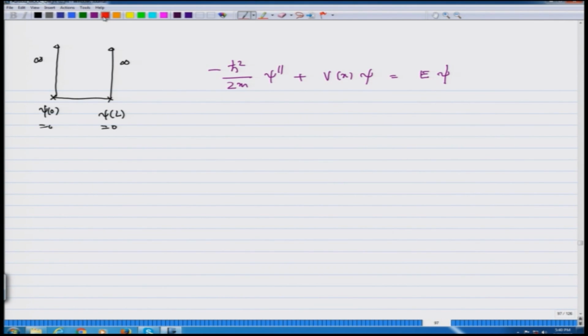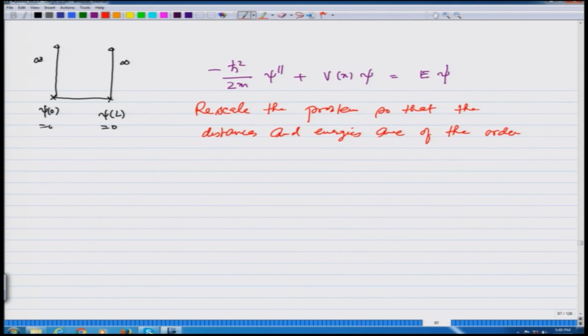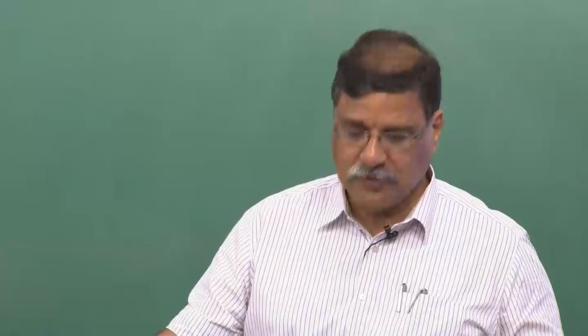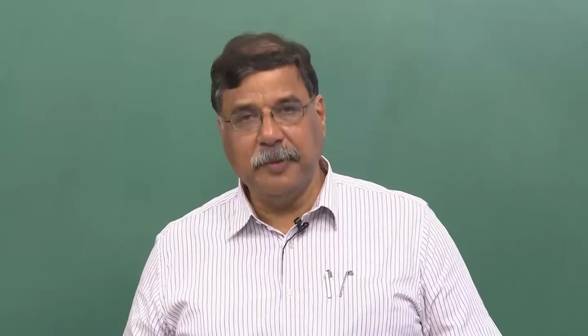So, it is good idea to rescale the problem so that the distances and energies are of the order of 1, that means we are changing units rather than of the order of being 10 raised to minus 36, 10 raised to minus 19 and so on. That will be very difficult to program in a computer.